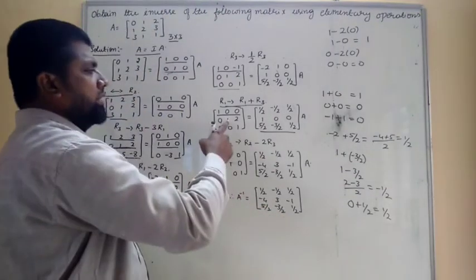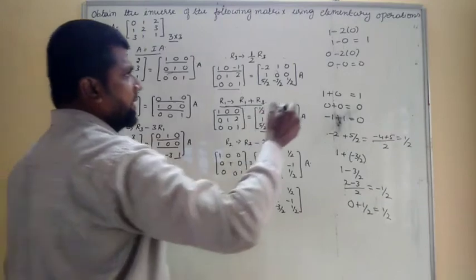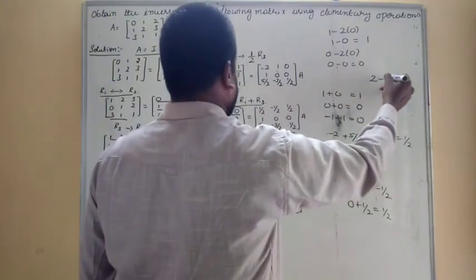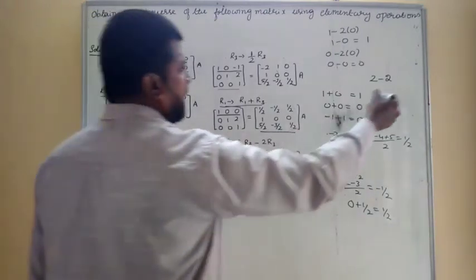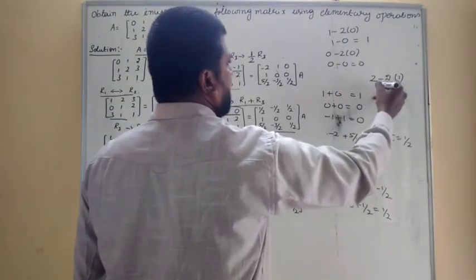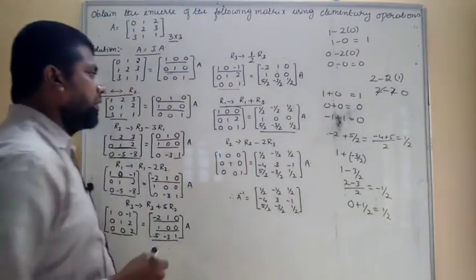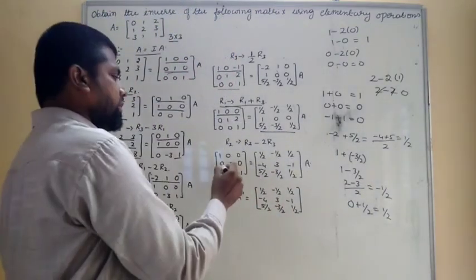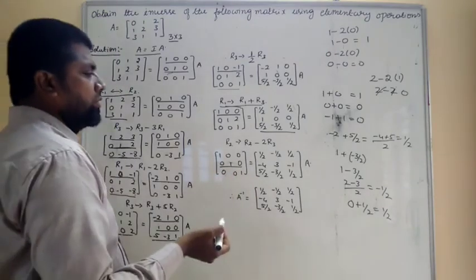Again 2 minus 2 into R3's element 1, that is 2 minus 2, which is 0. The second row's third element is 0. Then the third row you write as it is, 0, 1, 1.